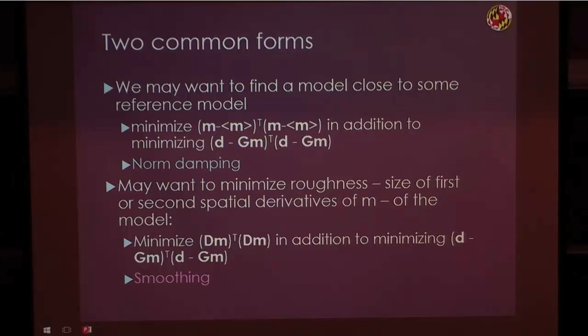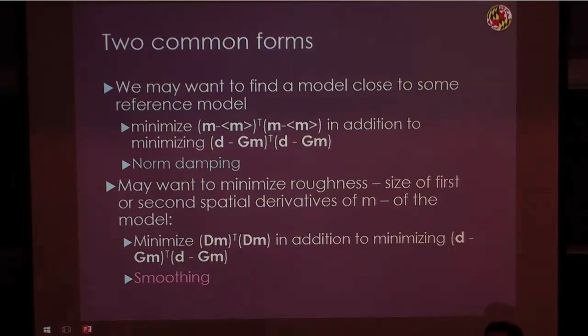Sometimes you don't want to do that. Sometimes you want your model parameters to be able to go very far from your starting guess. And in that case, you might do something different. You might introduce what's called smoothing, because it minimizes the roughness. In other words, it minimizes the size of the first derivative of the model parameters, or the second derivative.